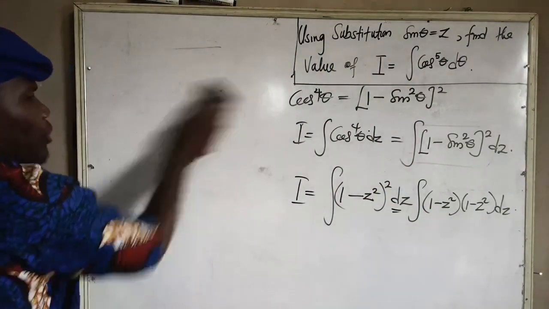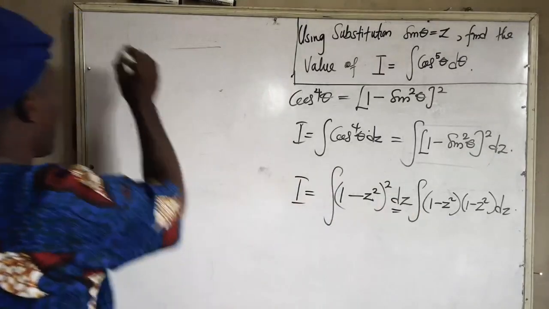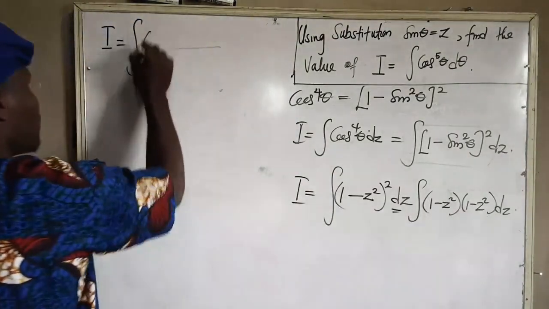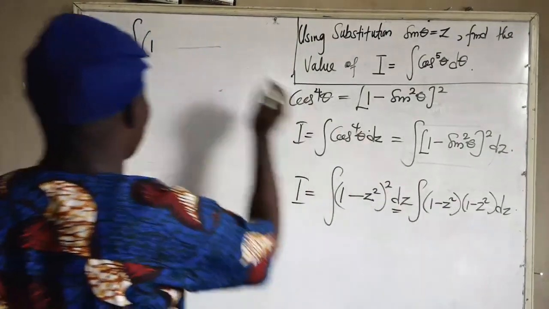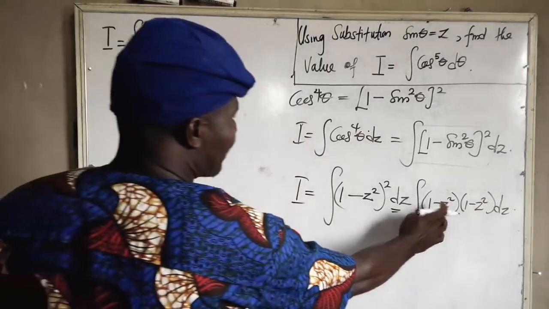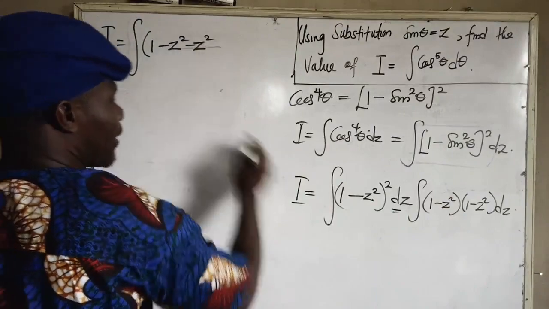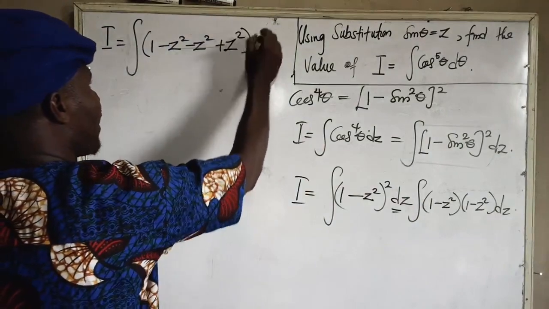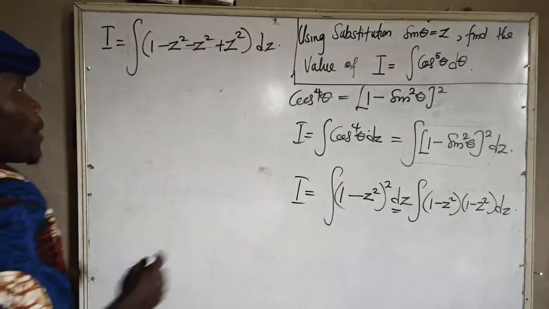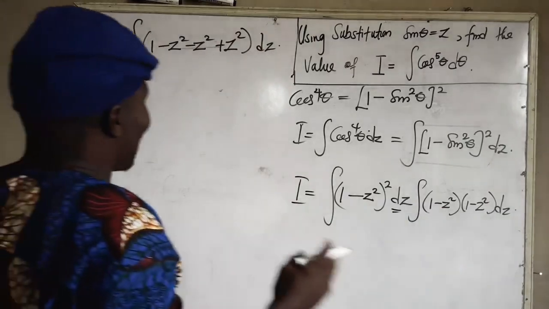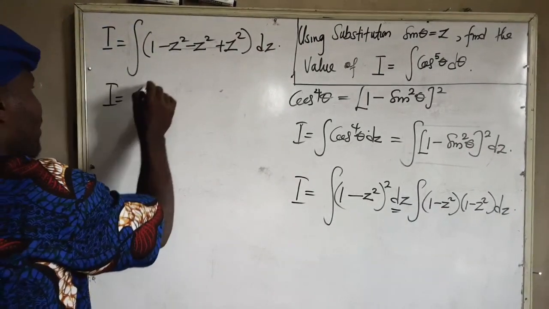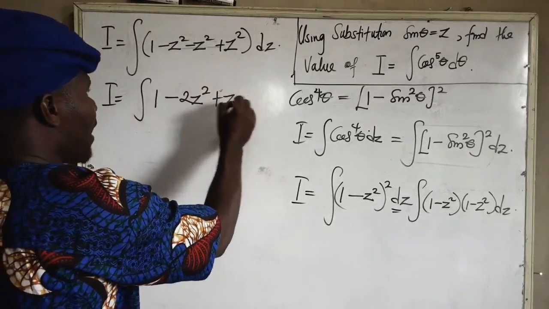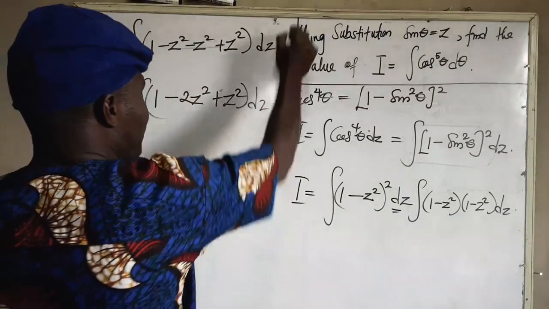In the process of expansion, our I will be the integral of 1 times 1, which is 1; 1 times minus z square, which is minus z square; minus z square times 1, which is minus z square; and minus z square times minus z square, which is minus times minus giving plus z to the power 4, dz. We collect the like terms. We have I equal to the integral of 1 minus 2z square plus z to the power 4 dz.